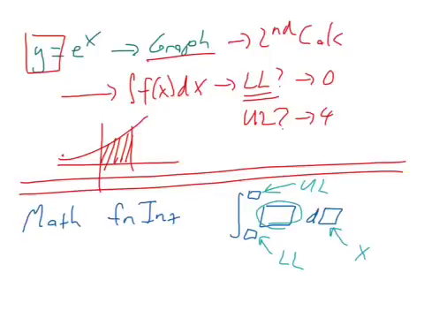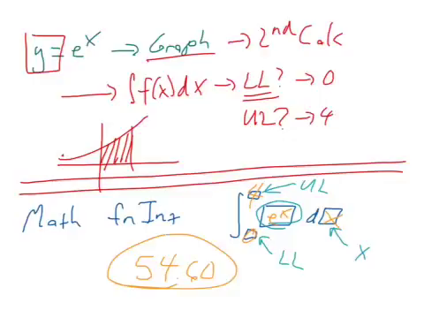So you can put in your 4 and your 0 and your x there, and here put e to the x, and it will get your answer. What did I say it was? 54.60598, something like that. So you can use that from now on to check your work.